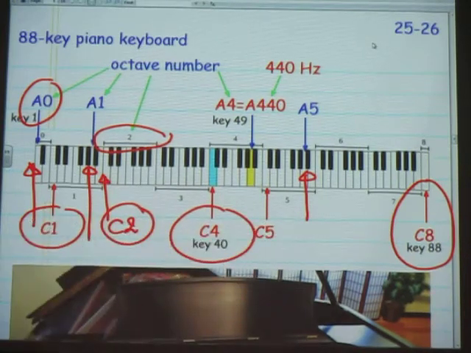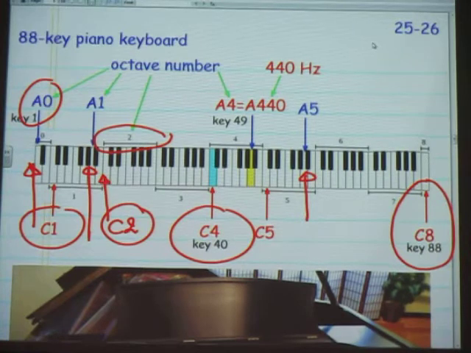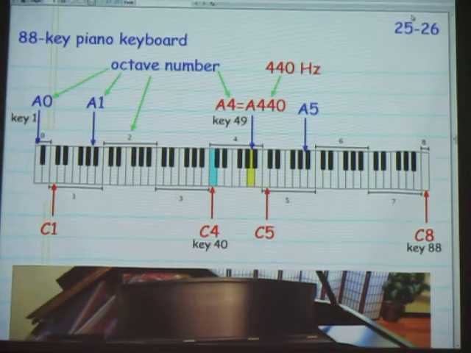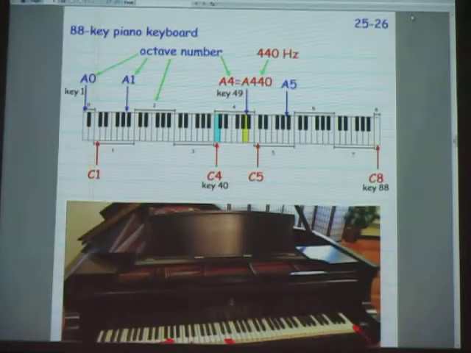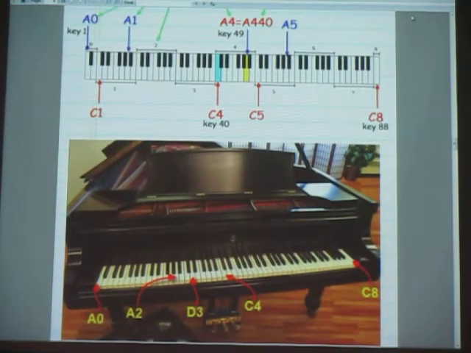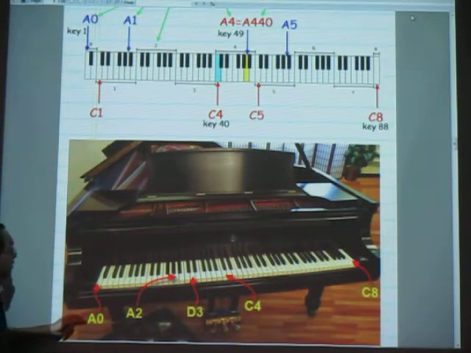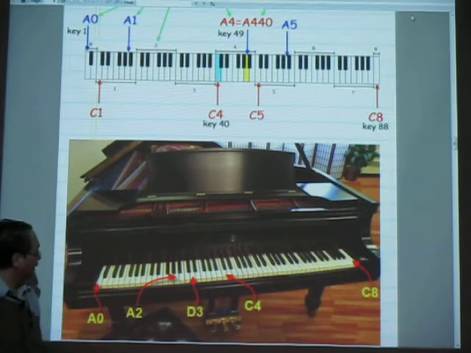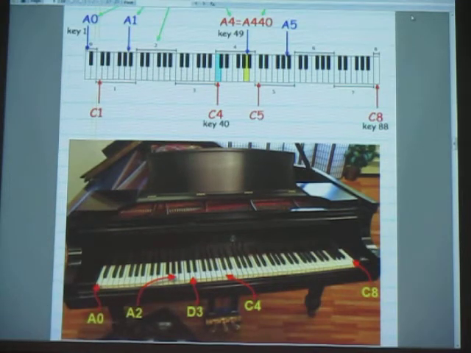And within an octave, you have 12 semitones. Okay, so with that background in mind, let me zoom out here. You have the real piano with keys from A0 to C8 with the middle C, C4. Okay, and we will come back to these when we talk about the Beatles.